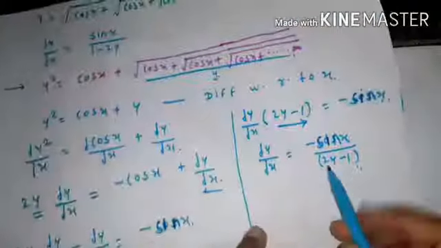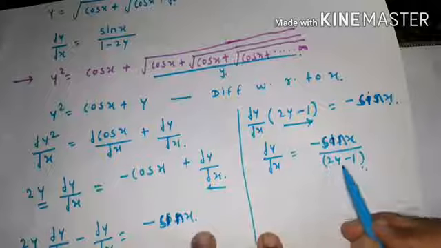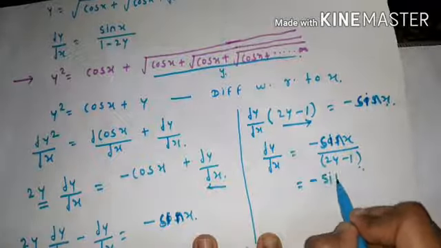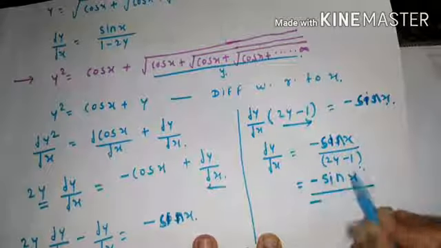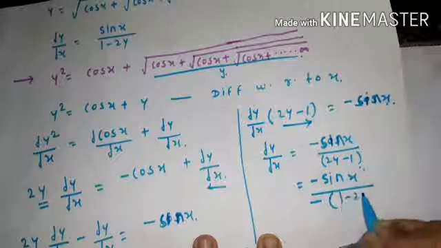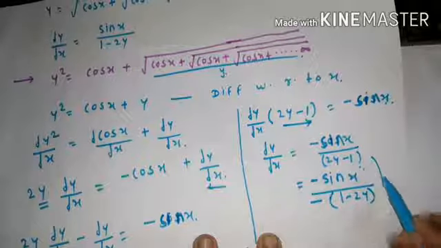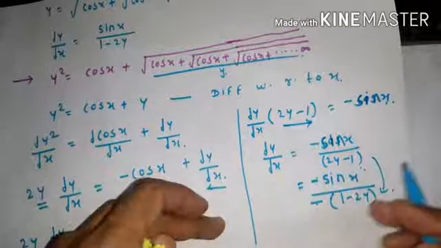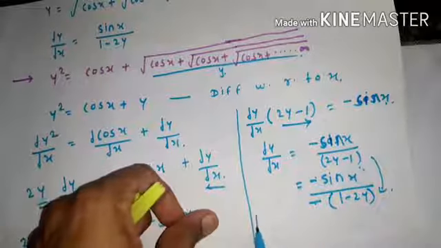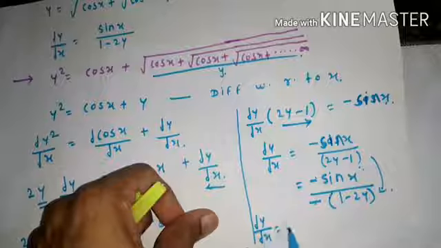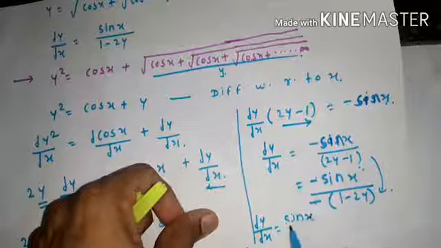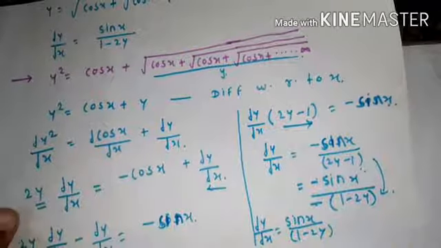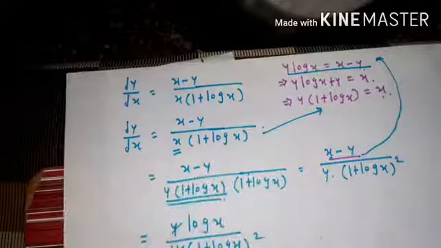If we common out the negative sign, here we get minus sin x upon minus, 1 minus 2y. Minus minus becomes plus, and hence dy by dx equals sin x upon 1 minus 2y. This is the proof of the given problem.